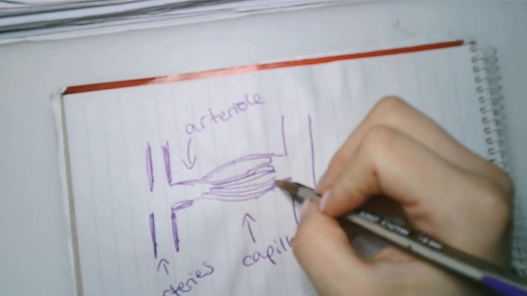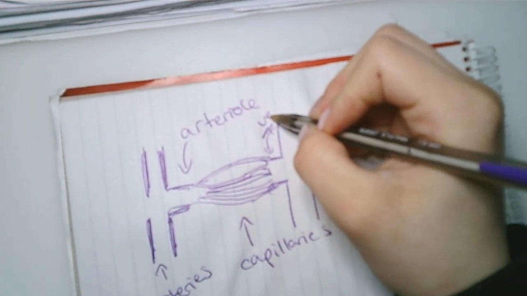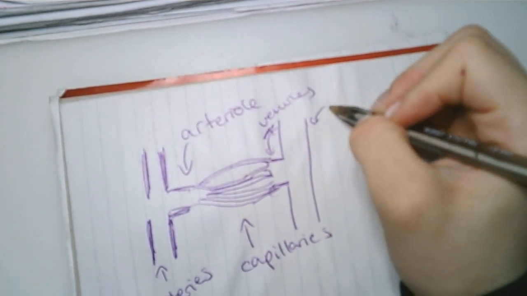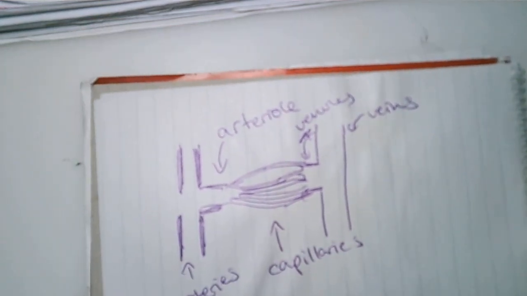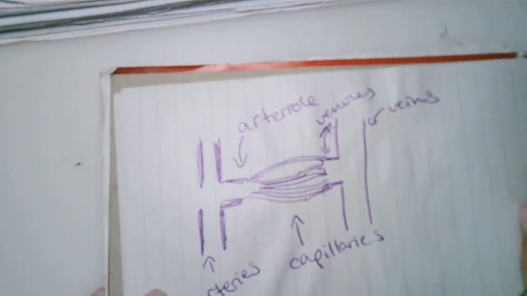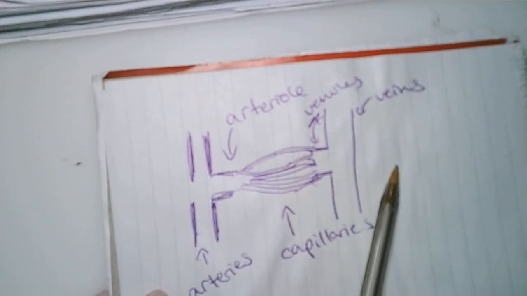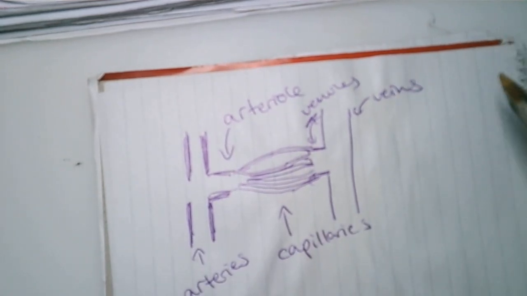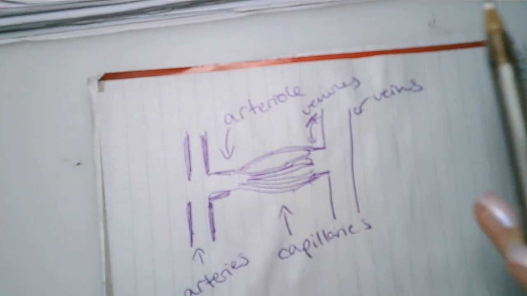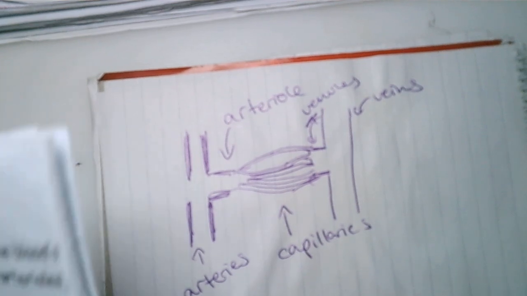And then those go into venules, which then go to veins. And it's not the best diagram ever. Most of my diagrams are quite bad. But that's just basically the order of things. It would be a bit more complicated in your body, but this is just a general overview of them.